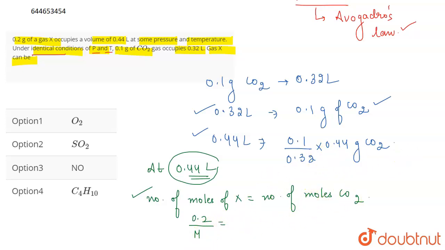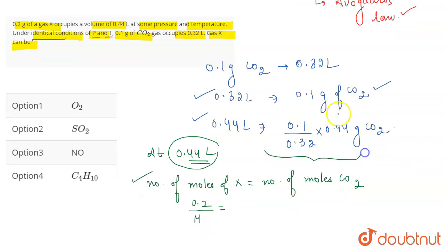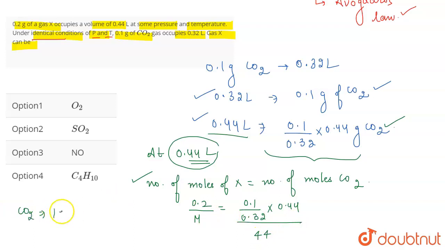Now, how will you find that? This is the molar mass of CO2, and this is the given mass of CO2 that we calculated at 0.44 liter, which is 0.1 divided by 0.32 into 0.44. And what is the molar mass of CO2? 44, because the molar mass of carbon is 12 plus 2 oxygen, each oxygen has a mass of 16.